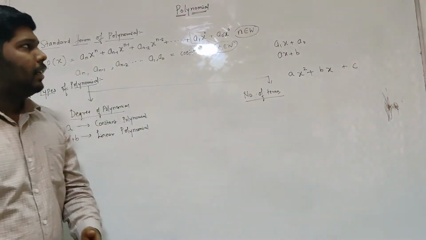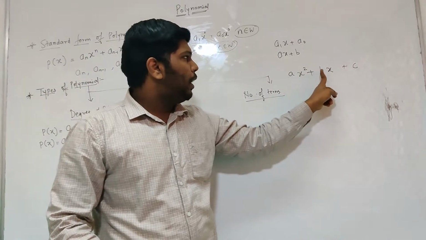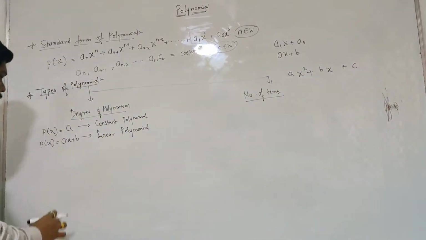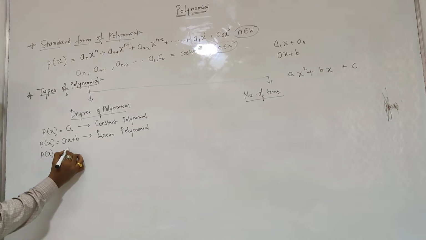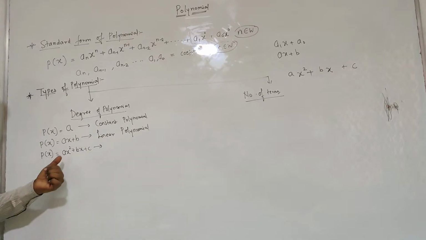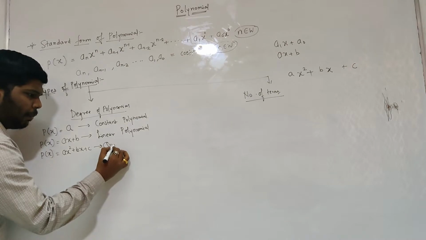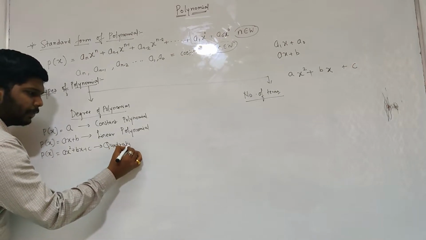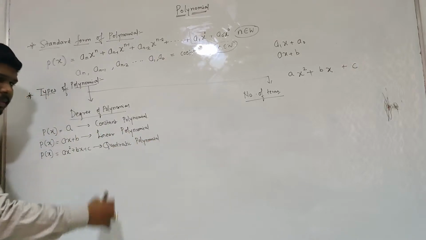So if I consider the last three terms of the standard form, I will get ax square plus bx plus c. Okay. So the next category can be written as p of x is equal to ax square plus bx plus c, and since here the degree of the polynomial, that is the highest power, is 2, we call it a quadratic polynomial.